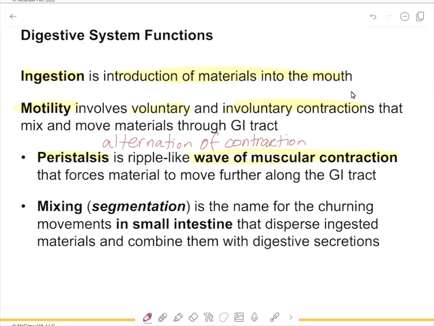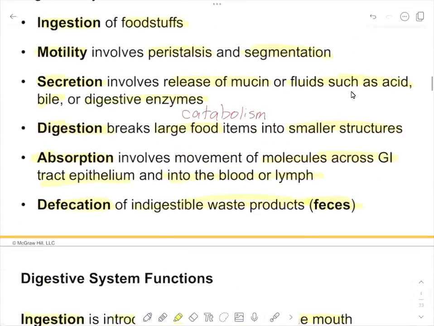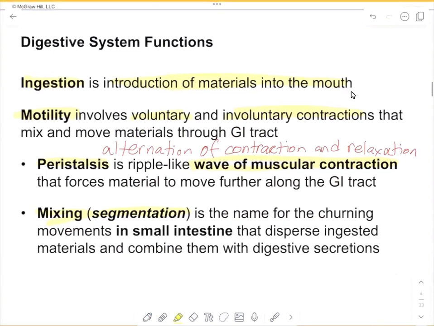Mixing or segmentation is the name of the churning movements in the small intestine that disperse ingested materials and combine them with digestive secretions.